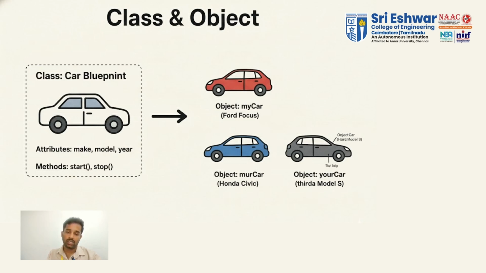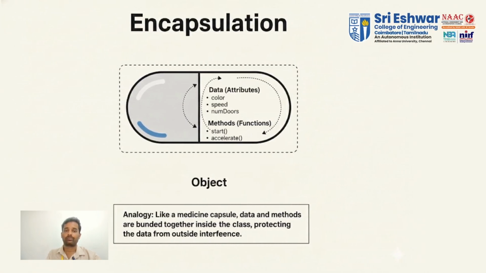And if I call your car, it returns a third model. So each object represents a different version of a car, but all cars have the same attributes called make, model, and year, and have the same methods called start and stop.